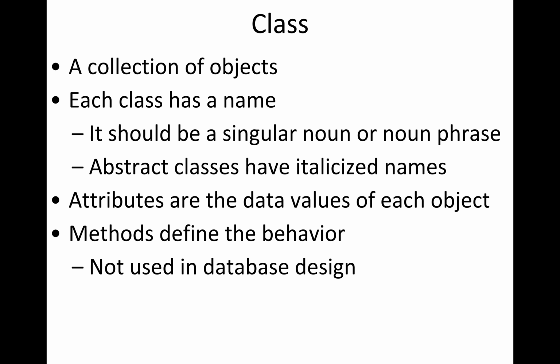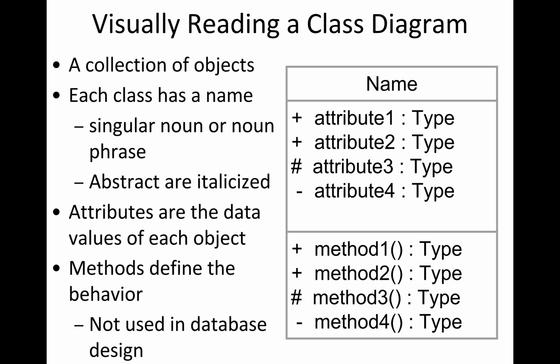So classes in object orientation is one of the first ideas that made this observation, that data and behavior are married to one another, right? And we represent them in UML in this rectangular representation where these classes have a name.